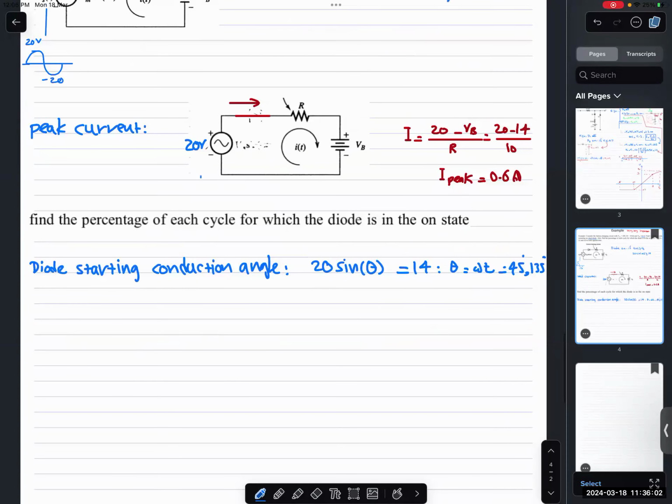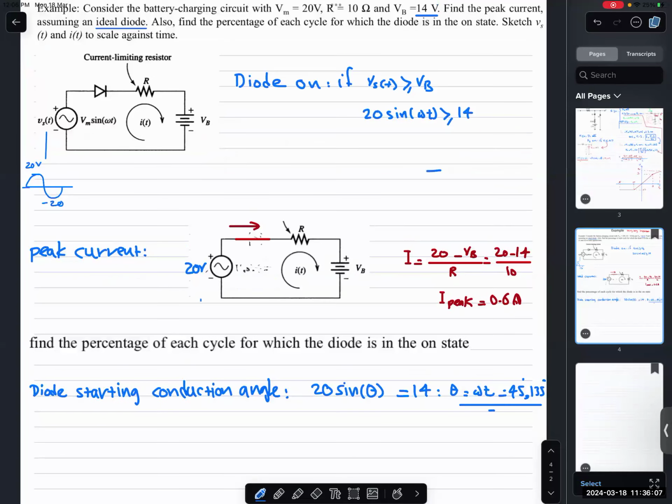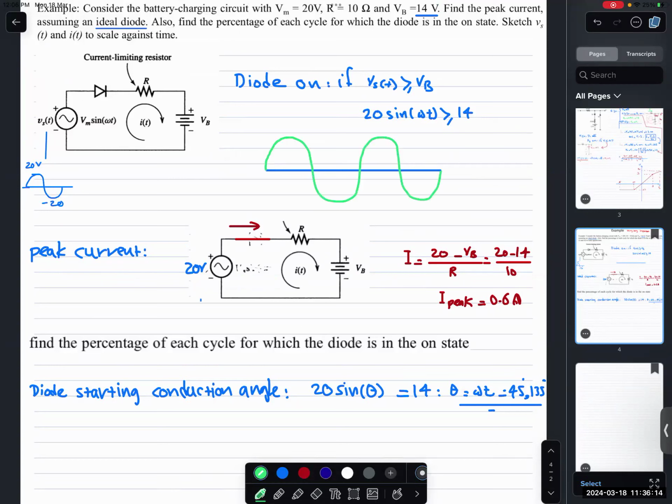In one cycle, even if you don't sketch anything, think about how the input goes: from zero, then 20, then minus 20. After passing some angle, the diode will be on, so you will start to have current. Then when the input is negative, the diode is off. Then the next cycle.